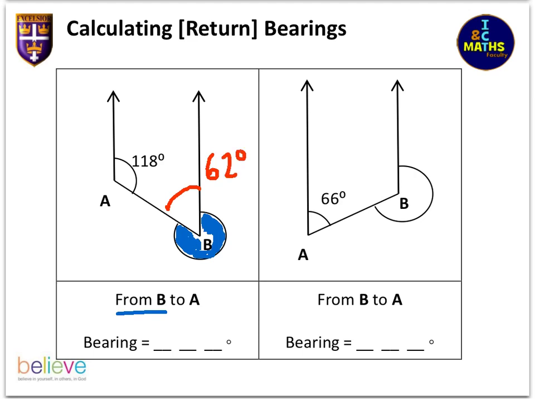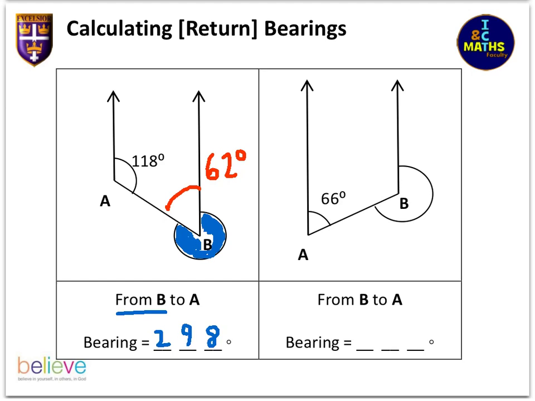Then, same technique as before, 360 is the full turn all the way around. So the blue angle plus 62 must make 360. If I do a quick subtraction, the blue angle needs to be 298. Now that is a bearing, so I do have to have three figures, but it already has that, so I don't have to worry.